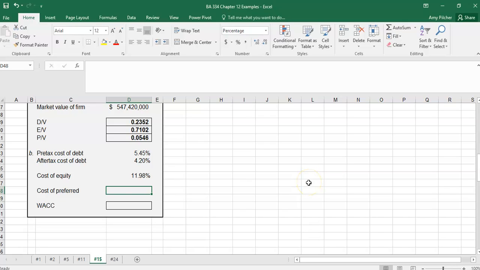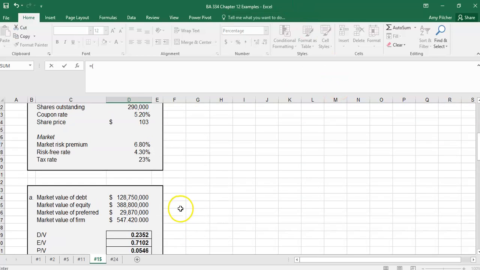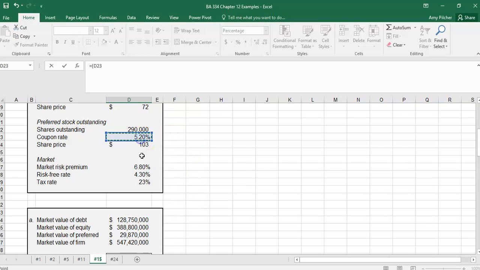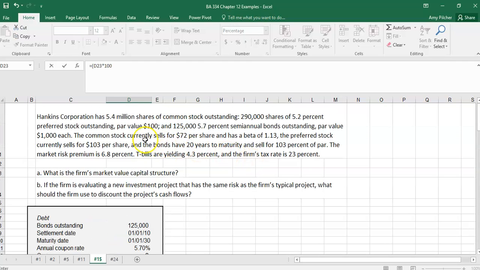The last item we need is the cost of the preferred. So the cost of preferred is our coupon rate on our preferred stock, or dividend rate on our preferred stock. It's called a coupon rate here, times 100, because the par value is 100.